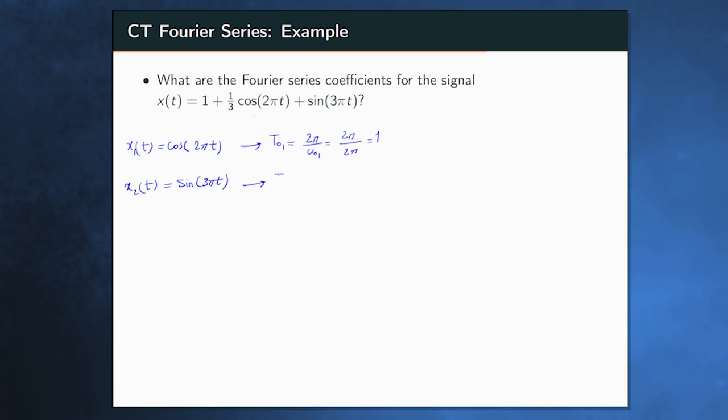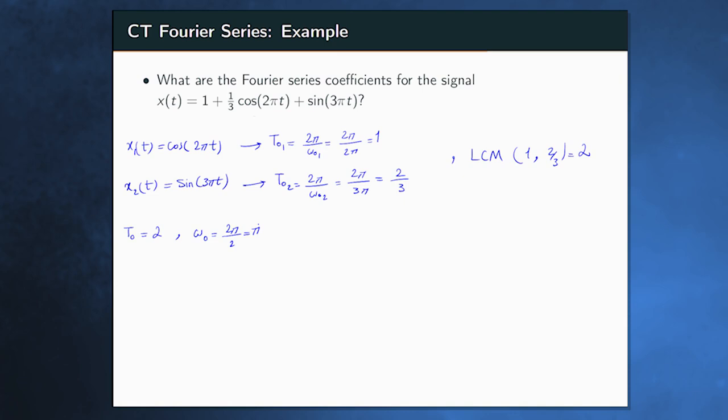The fundamental period of the second signal is 2 pi over omega naught 2, which is 2 pi over 3 pi, that's 2/3. The least common multiple of 1 and 2/3 is 2. So the fundamental period of x of t is 2, and the fundamental frequency is 2 pi over 2, which is equal to pi.